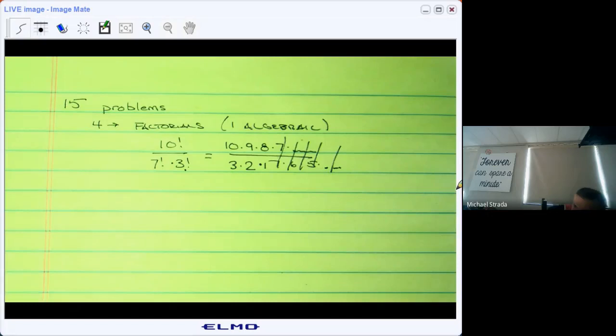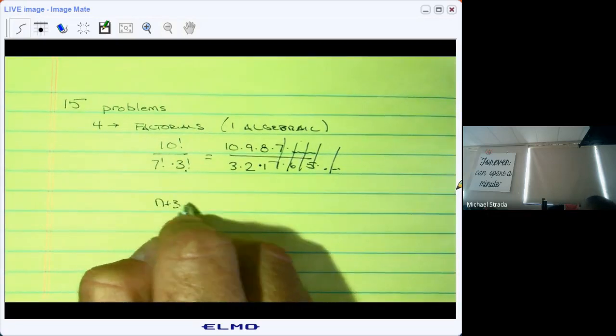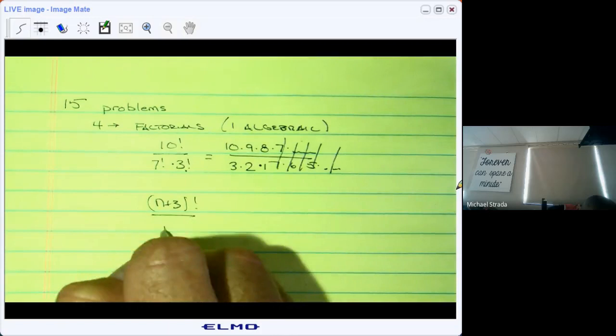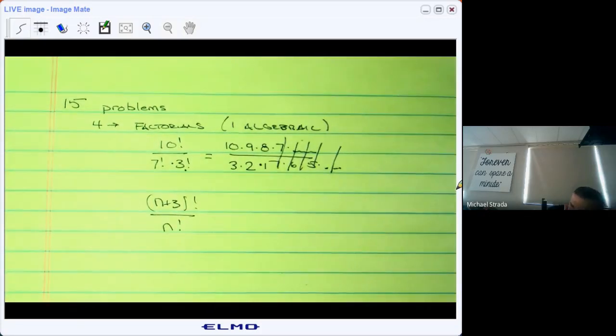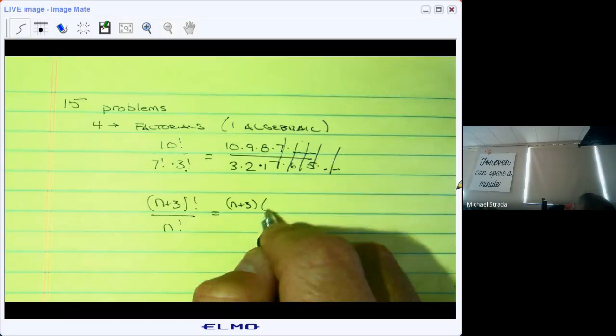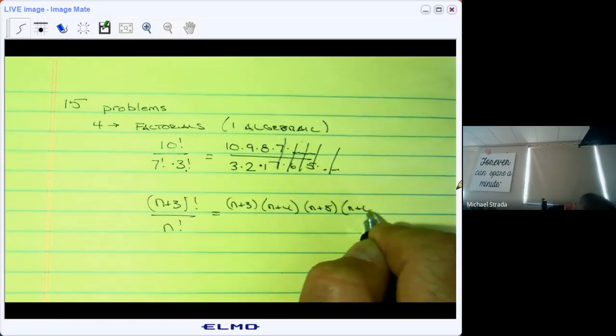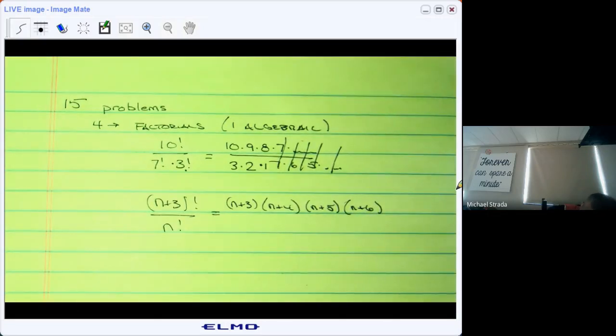So when it's numeric, I would go down. When it's algebraic, let's say we have n plus 3 factorial over n factorial. Instead of going down, I would go up, because I think it's easier to see. So n plus 3 factorial would be n plus 3 times n plus 4 times n plus 5 times n plus 6. Actually, scratch that.